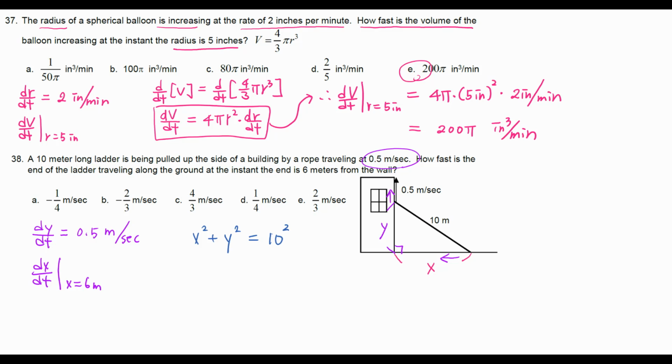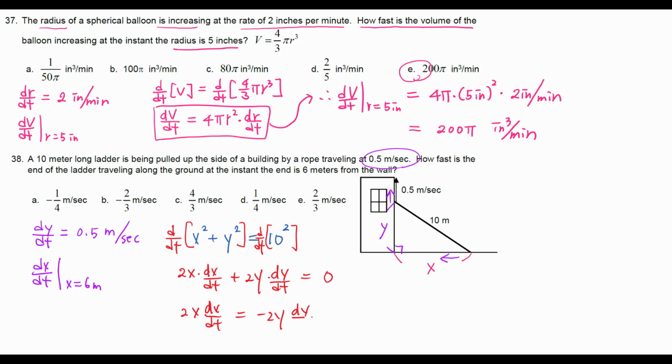So then you have 2x dx/dt plus 2y dy/dt equals the derivative of 100, which is 0. Because you're looking for dx/dt, I'm going to send the 2y dy/dt to the other side. So I have 2x dx/dt equals negative 2y dy/dt.